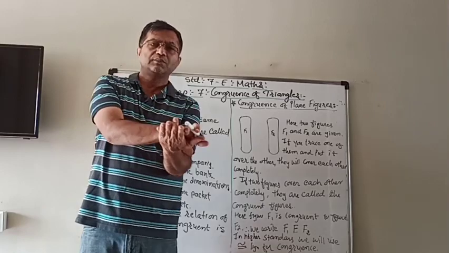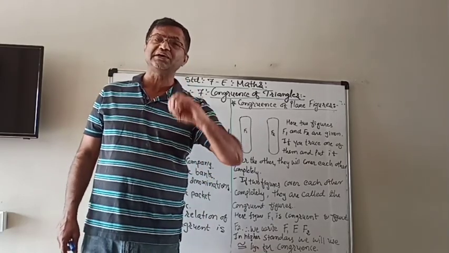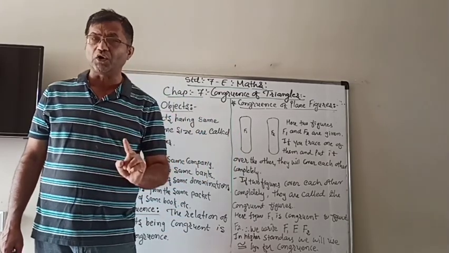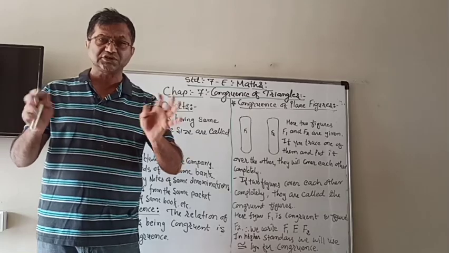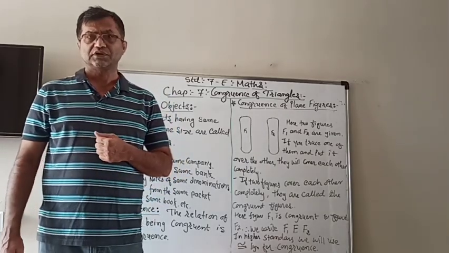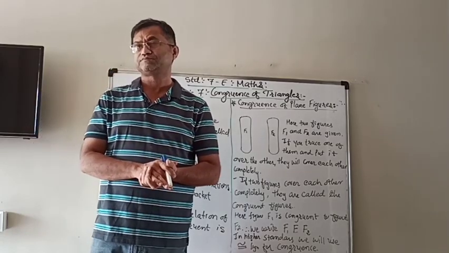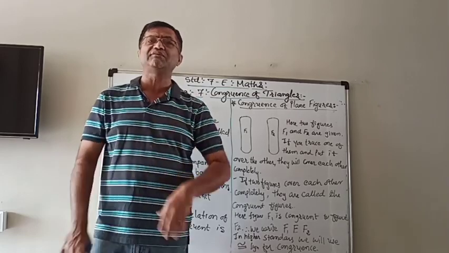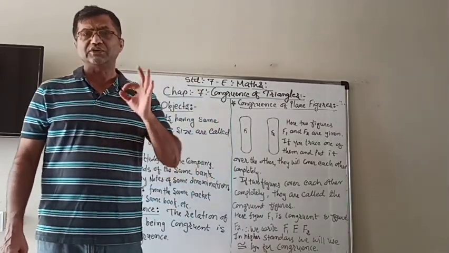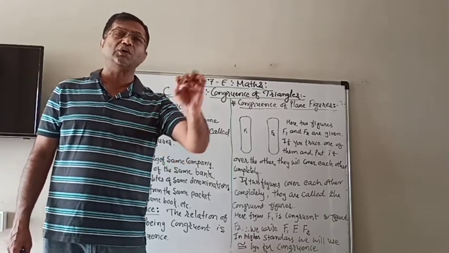Superposition means you put one on the other, and you don't have to fold or stretch or bend the figures. You just keep them one over the other, and if they completely cover each other, we can say that these two figures are congruent figures.